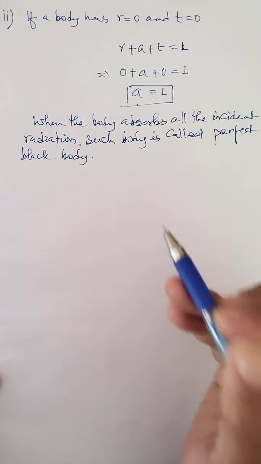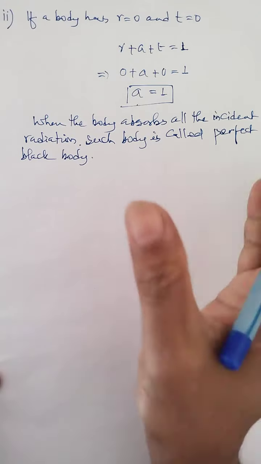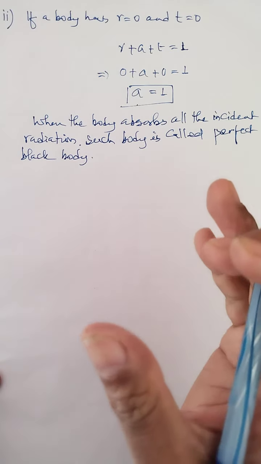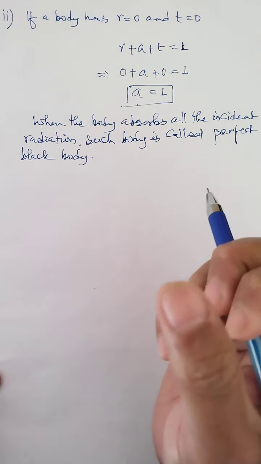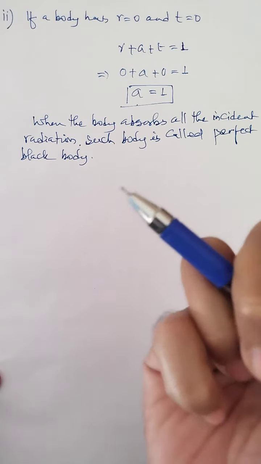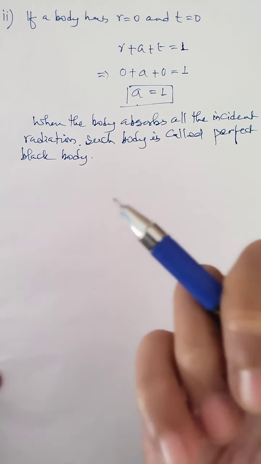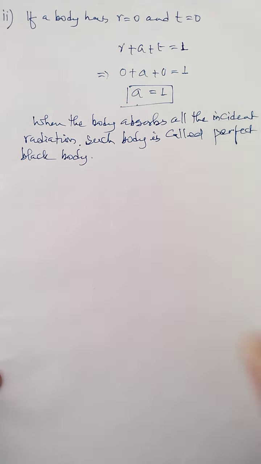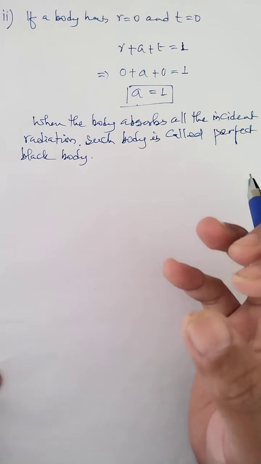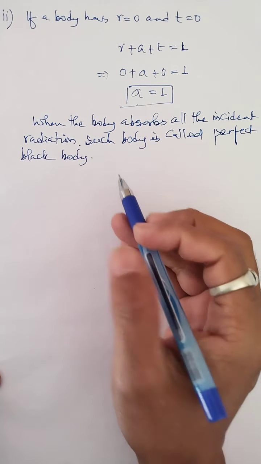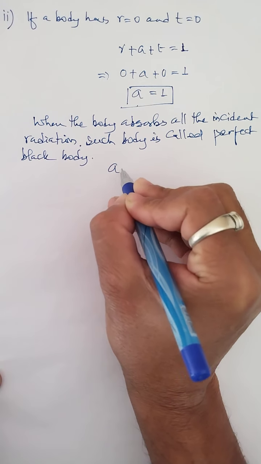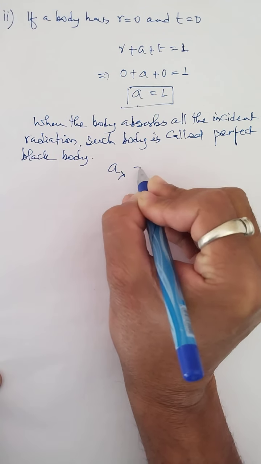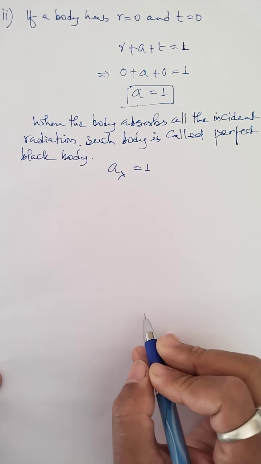And children, another point that you need to keep in mind for a perfectly black body is that this body absorbs completely all the radiation falling on its surface, whatever be the wavelength. In whatever wavelength the light falls on the surface, that body absorbs all the radiation falling on it. So for a perfectly black body, I write A lambda equals 1. A lambda equals what? 1.